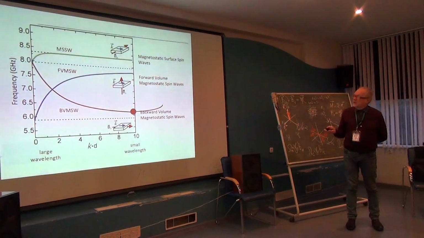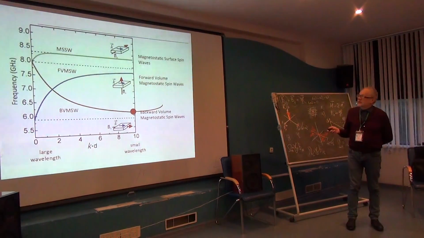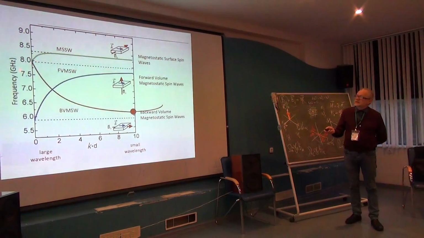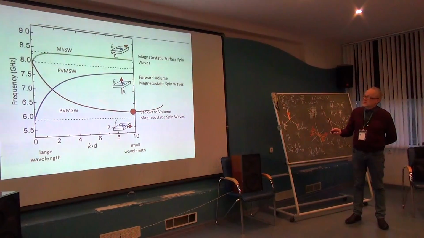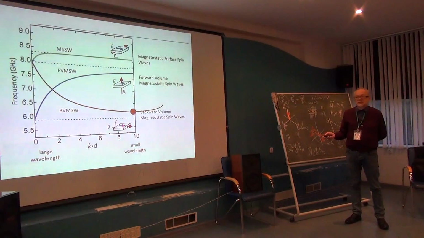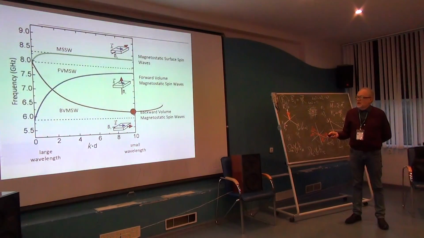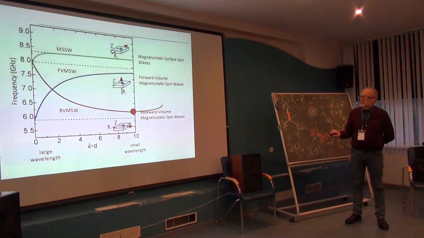For yttrium iron garnet, there are 3 branches of resonance, and for this equipment usually this one branch is used, which corresponds to the magnetic field in the plane of the film, and the spin waves move along this field.